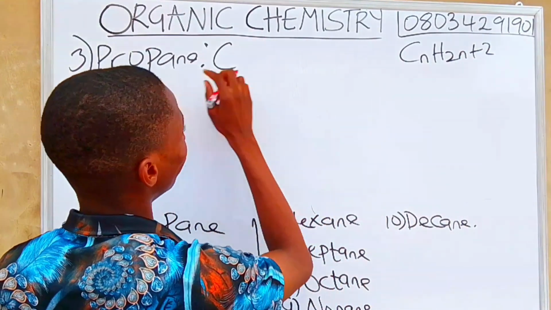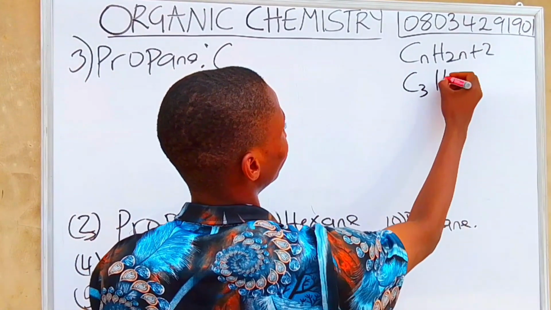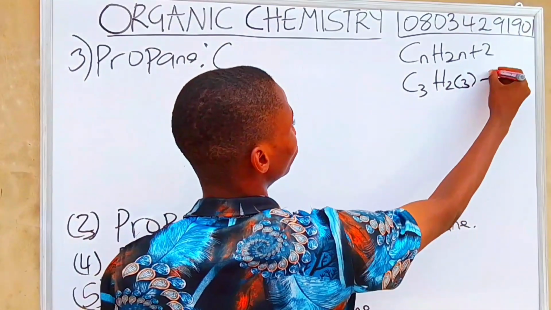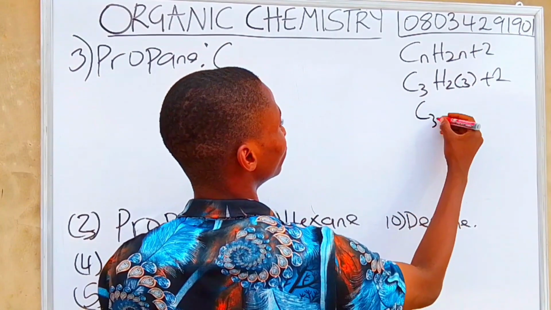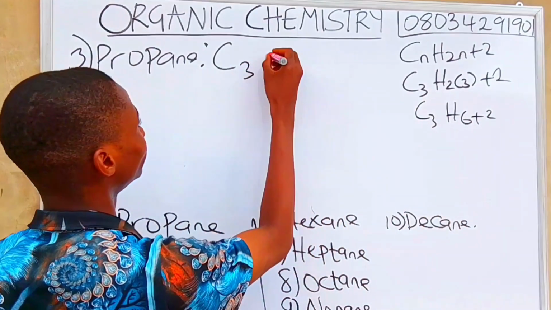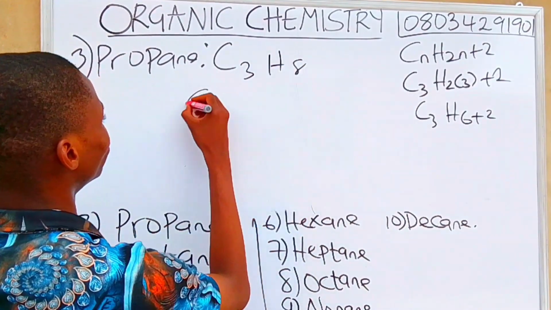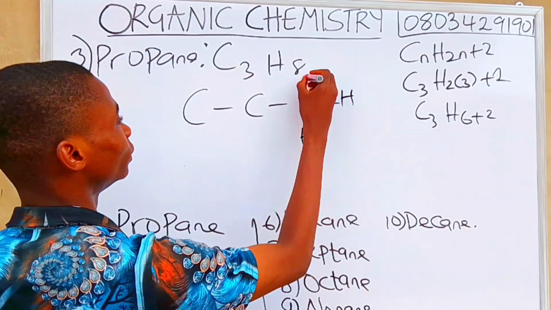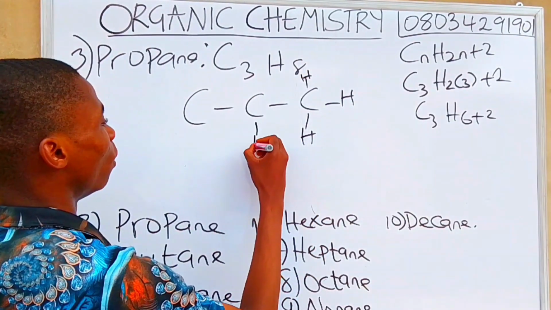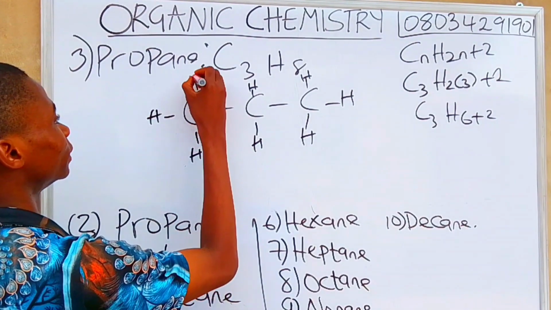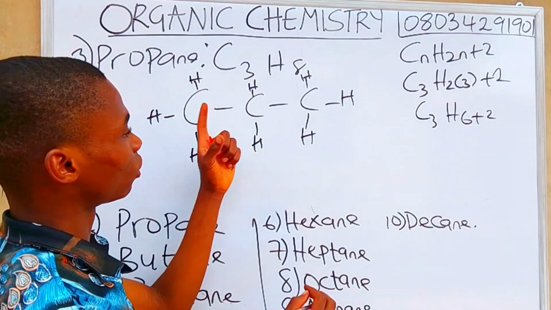So our propane is C3. We replace our number of hydrogen with 3 times 2, so C3H6, plus 2 will give us H8. So it's now C3H8. Let's draw the structure. 1, 2, 3 carbon. 1, 2 hydrogen, 3, 4, 5, 6, 7, 8. You see now, it is complete.